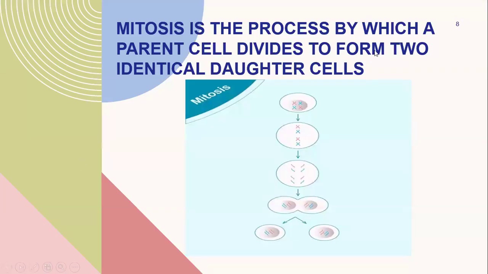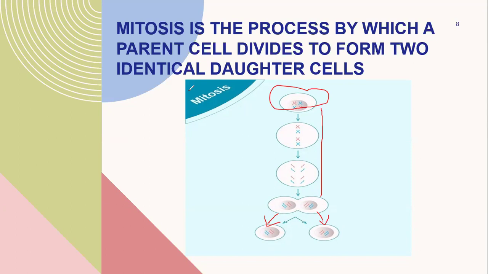So in mitosis, a parent cell divides and forms two daughter cells that are genetically identical, okay? You have one cell going through division. When it finishes its division, it ends up with two daughter cells. That is what mitosis is, okay?